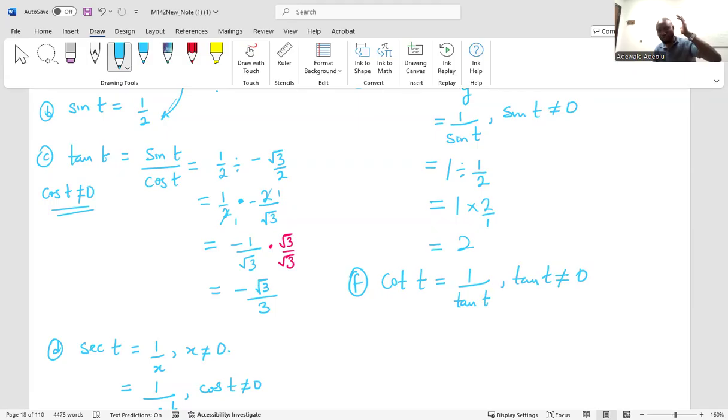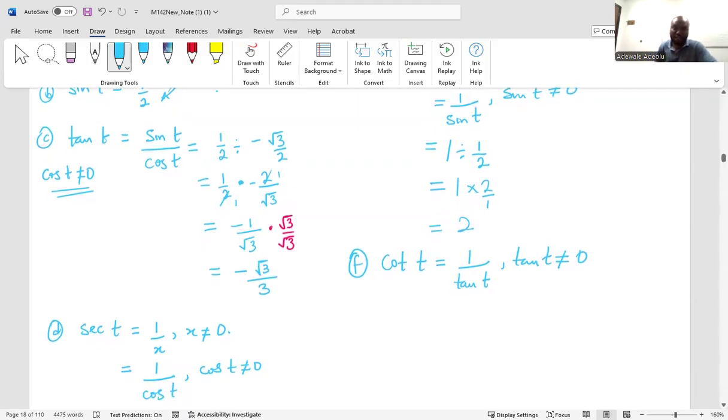Or you can use cosine of t over sine of t. It will give you the same thing. However, since I already found tangent of t, I can just use that. So this is 1 divided by tangent of t, which is negative root 3 over 3.